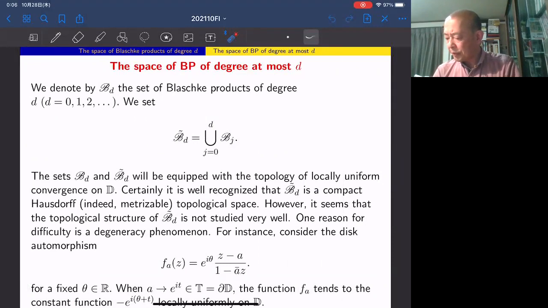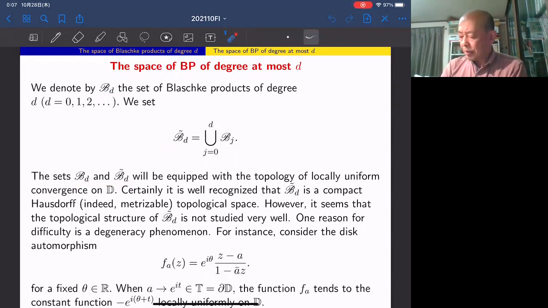Let's see the space of Blaschke products of degree D and also degree at most D. We denote by B sub D the set of Blaschke products of degree D, and we also consider B D tilde, which is the union of these spaces up to D. These spaces are equipped with the topology of locally uniform convergence on the unit disk.